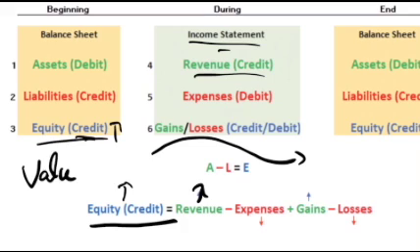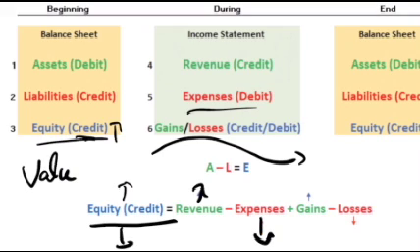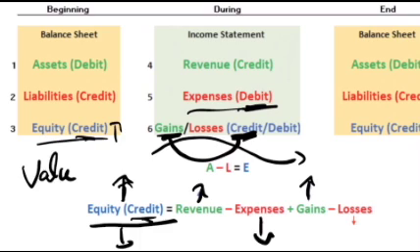If I incur an expense, it is going to decrease the value of my company and should therefore be recognized as a debit entry. If I incur a gain, likewise, say I incur a gain for selling my building, I'm going to increase the value of my company, and therefore a gain should be represented through a credit as well.